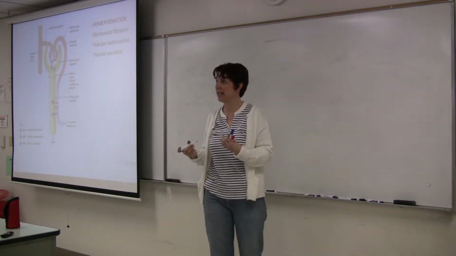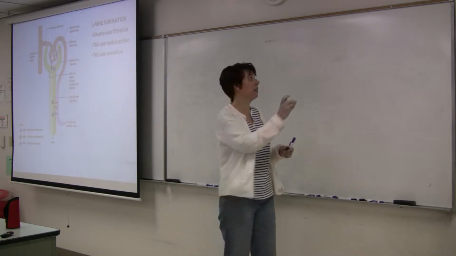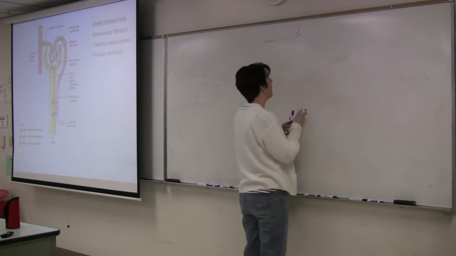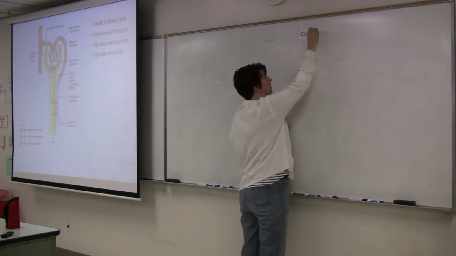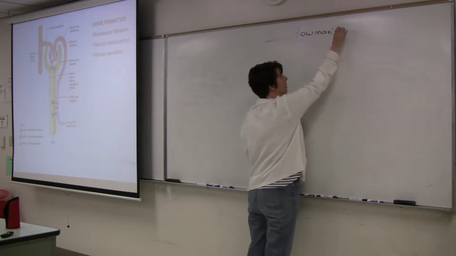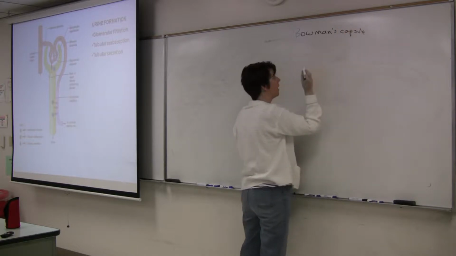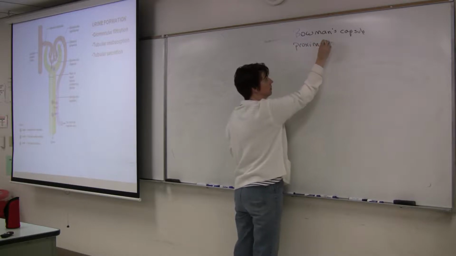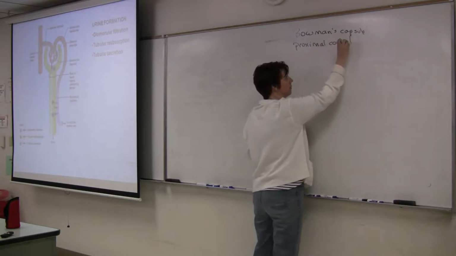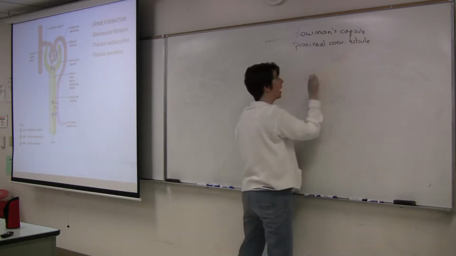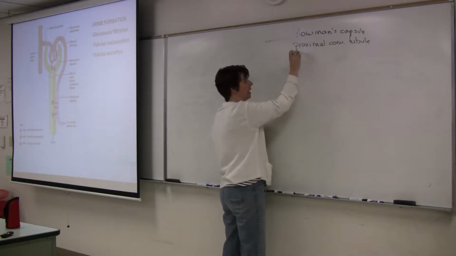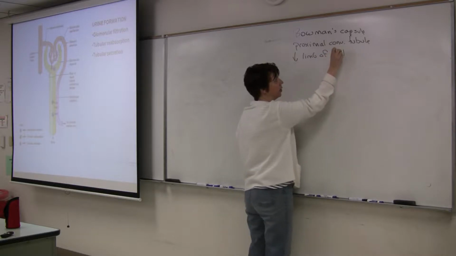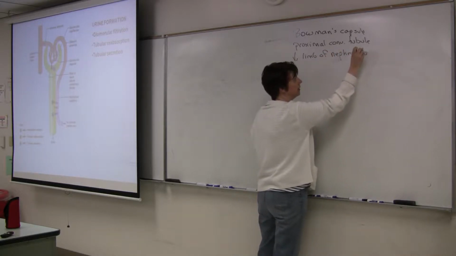filtrate. All right? So within the nephron, and the nephron, remember, starts with the capsule, glomerular capsule or Bowman's capsule. And then it forms the proximal convoluted tubule. And we have the descending limb of the nephron loop, or you could call it the loop of Henle.